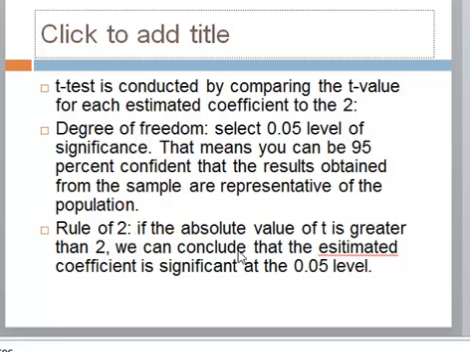Let's repeat: if the absolute value of t is greater than 2, then we can conclude that the estimated coefficient is significant at the 0.05 level. It means you are 95% sure and confident that the estimated coefficient is significant for the whole population.